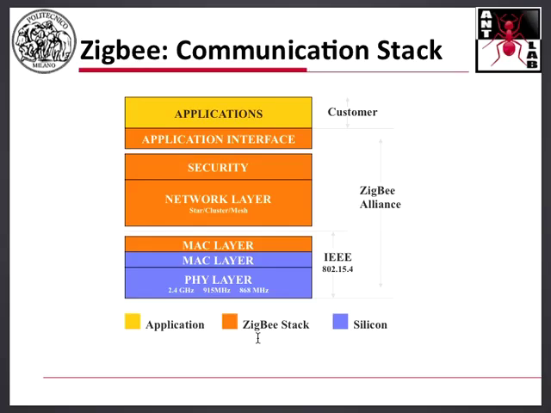Always remember that information here means packets. We are always concerned about packet switch networks. So the lesson of today is dedicated to how routing happens in ZigBee and how addressing happens in ZigBee.